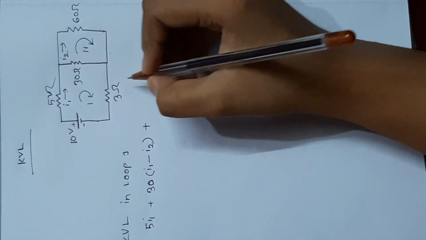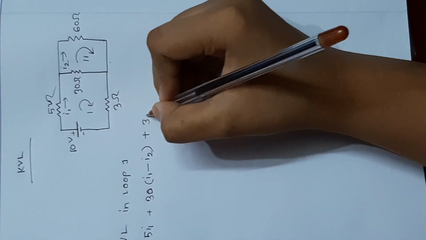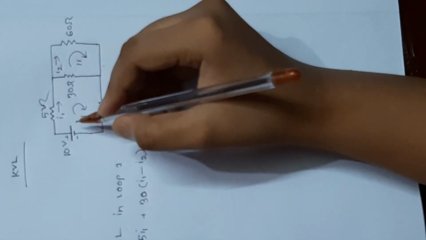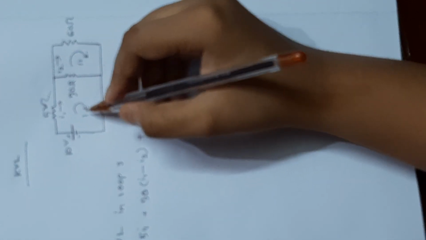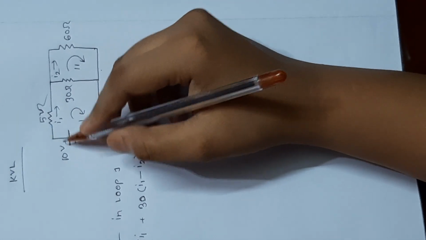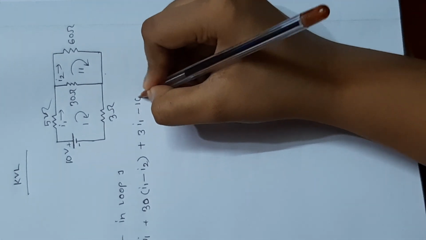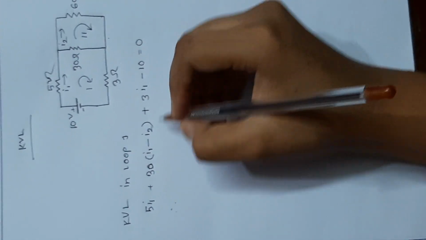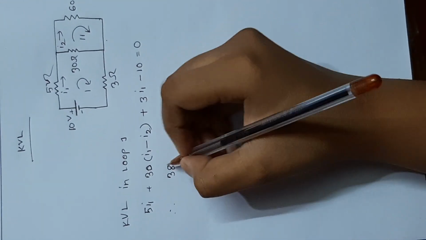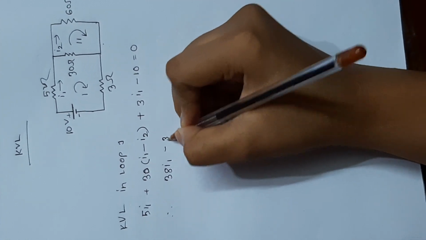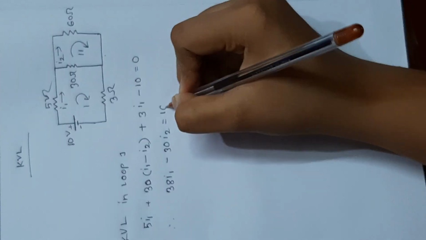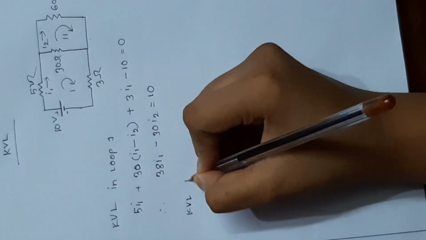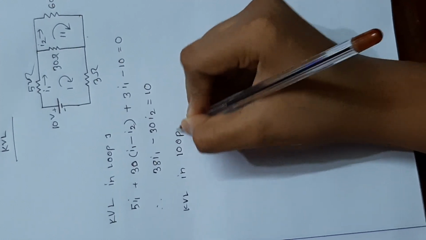Then the resistance 3 ohm, and we can see that the current enters through the negative side, so we have to take it as minus 10, then 0. So 38 I1 minus 30 I2 is equal to 10, and we can apply KVL in loop 2.